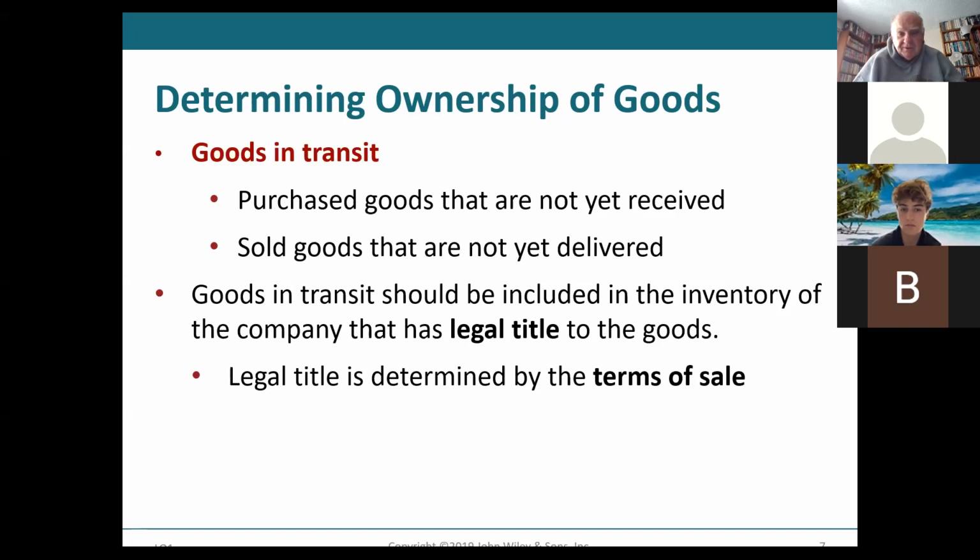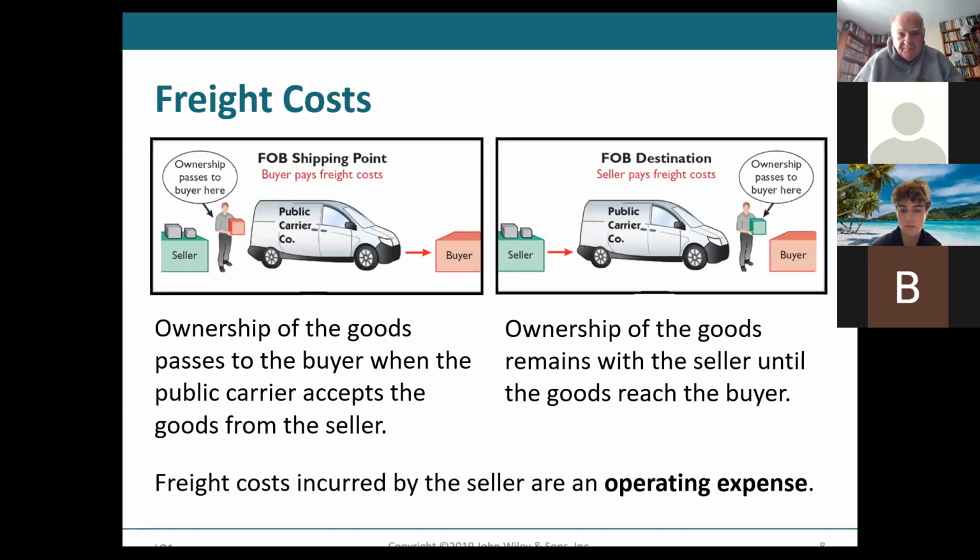Determining ownership of goods. This can be a little tricky. FOB. Is this the first time we're hearing FOB? I believe it is. Freight on board, okay? FOB, freight on board, simply means the point in time when title to the goods changes.